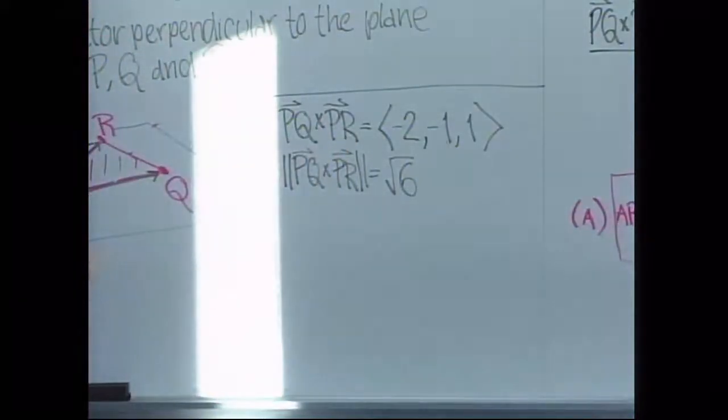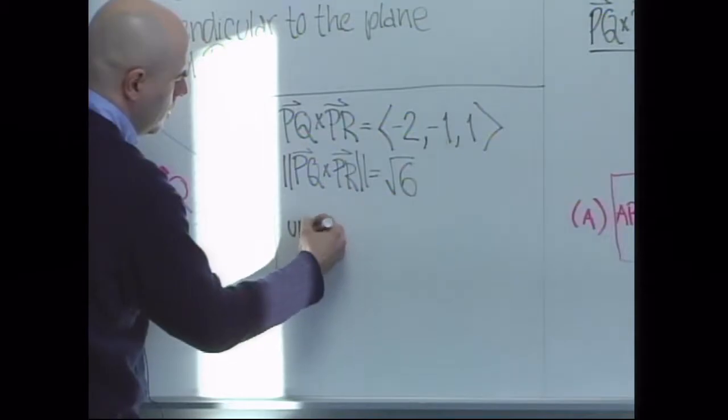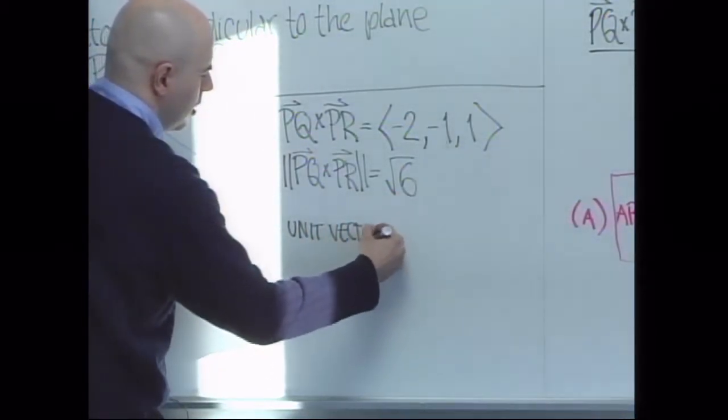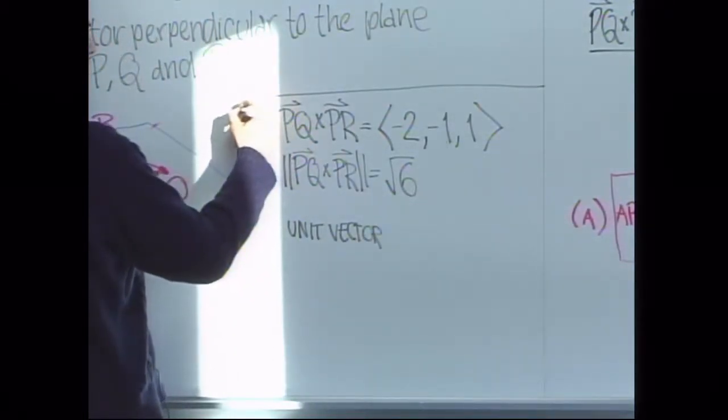So the thing that we have to do is find the unit vector that we're looking for. By the way, this is just the solution for part B of our problem.